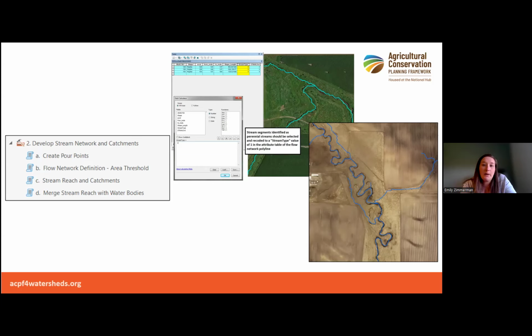So if you were to put NHD lines, National Hydrography Dataset lines, over the top, they wouldn't necessarily match what the stream network and catchments look like from ACPF. So I think that's important. There's all kinds of reasons why we do that, but we feel like it's critical at this resolution to really match that digital elevation model with the flow paths that are generated.